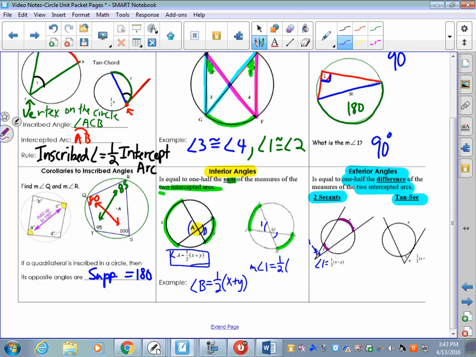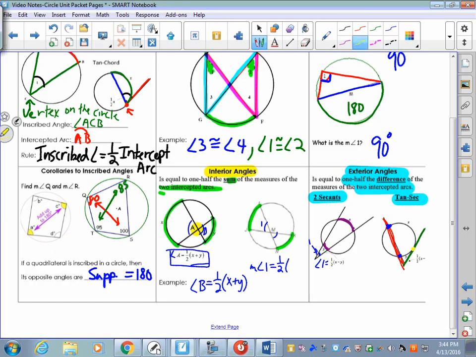If I look at the second example here, this is a secant because it intersects the circle at two spots, here and here. And if I highlight the other one, this is a tangent because it only intersects the circle at one point.